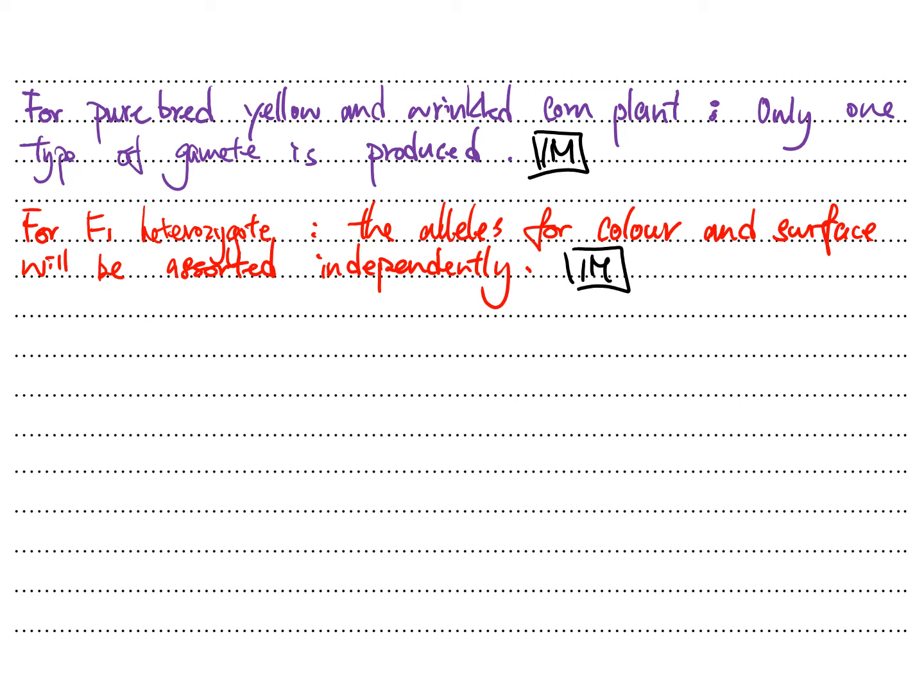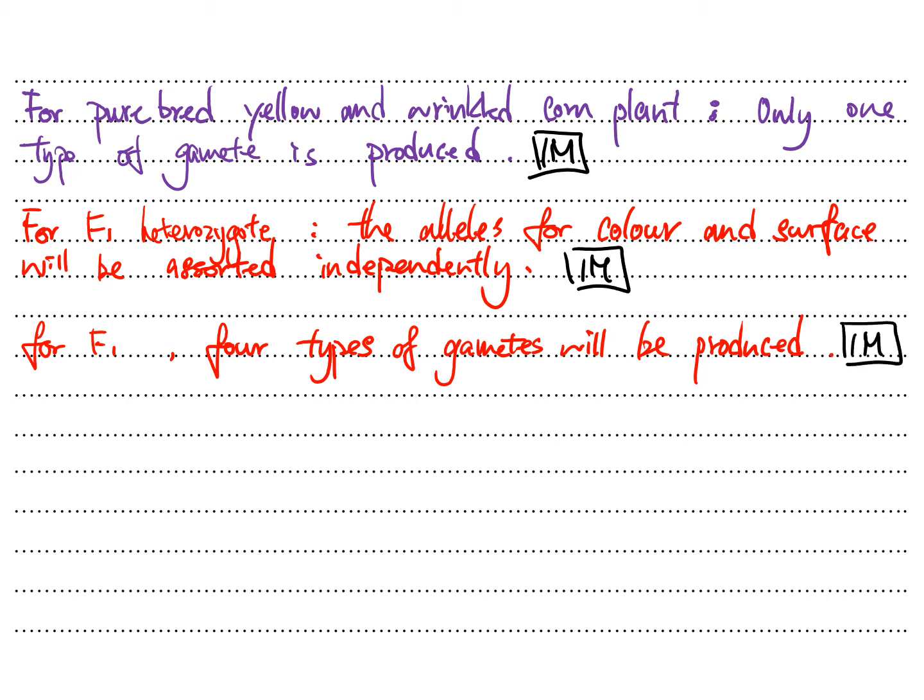This is another mark. So therefore, how many types of gametes will be produced for F1? So you can tell me for F1, 4 types of gametes will be produced. So you get another mark over here.